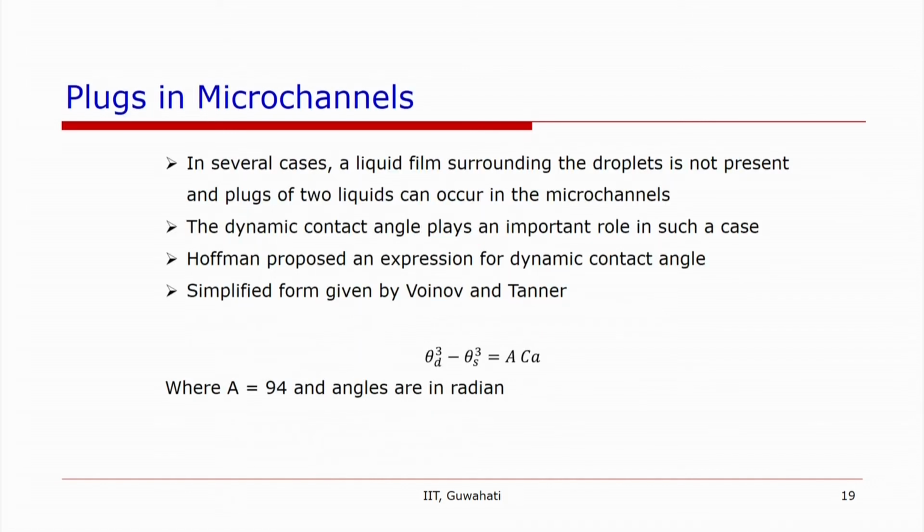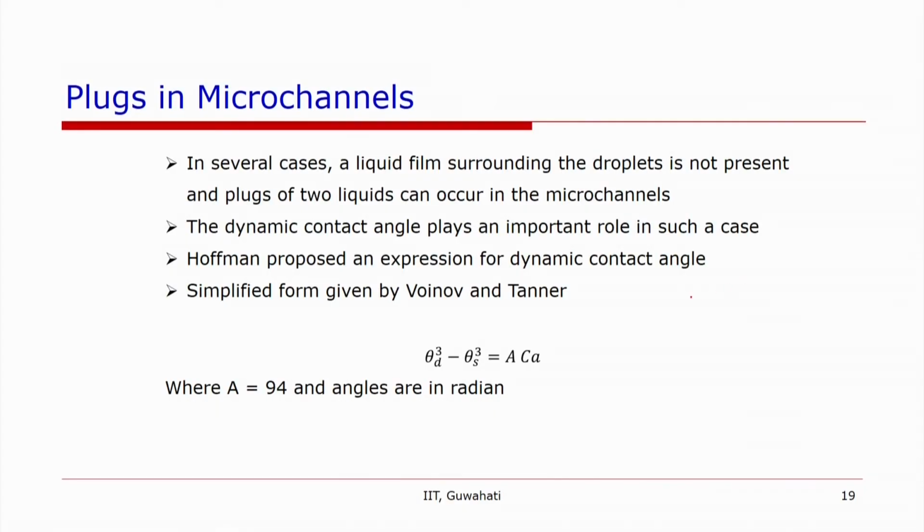Now the next topic. As we have just seen, depending on the hydrophobicity or hydrophilicity of the channel, one can have both the phases in contact with the channel wall. Our general notion of slug flow is that there is a long droplet-like Taylor bubble shape moving in the channel.